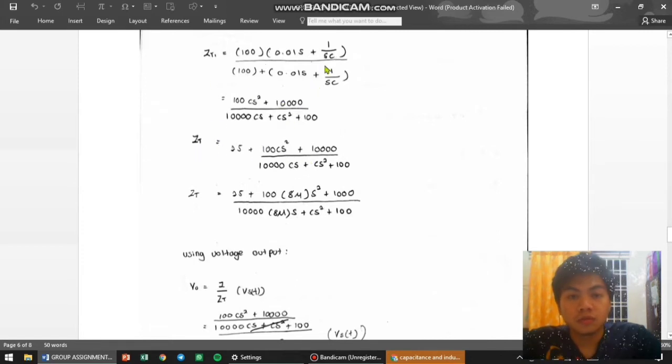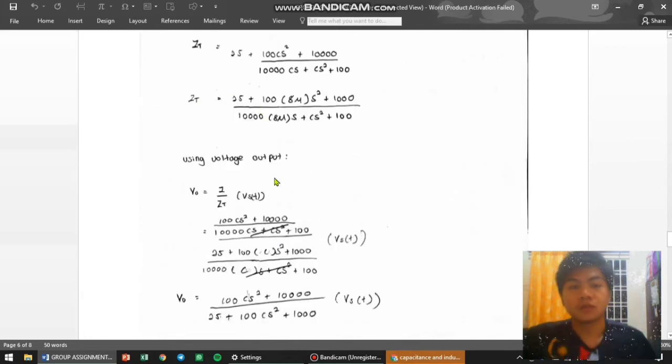From this we solve by taking 1 resistor connected in series with the inductor and capacitor. So we solve, and we got this. And for the overall total impedance, we need to add the one more resistance. So we got this.